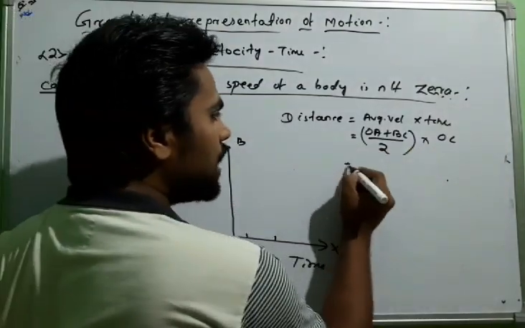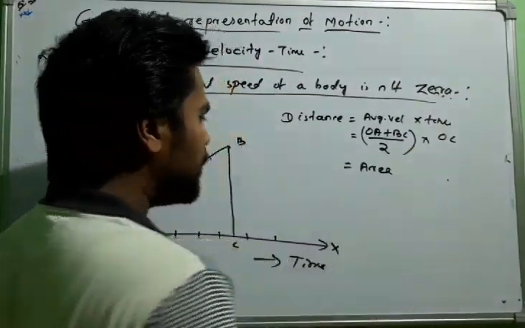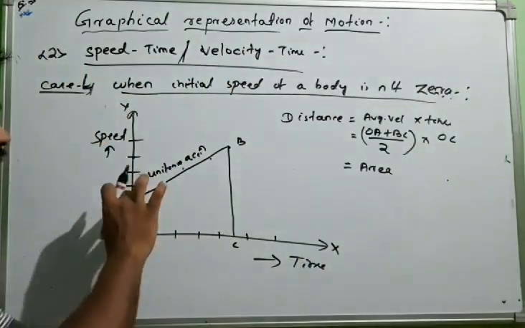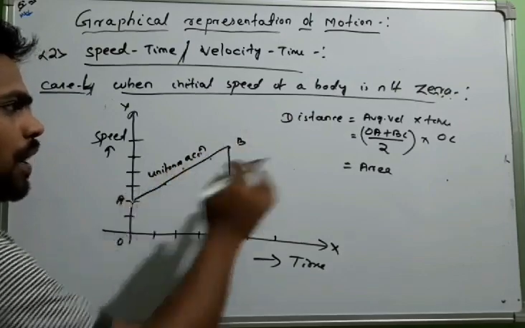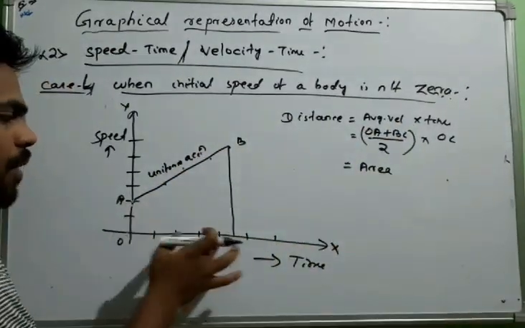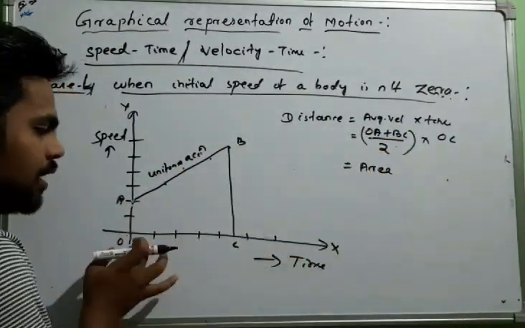Just see what that value represents. This is the area of a trapezium. What is the area of a trapezium? It is the sum of the two parallel lines, OA plus BC, divided by 2, into the height OC.